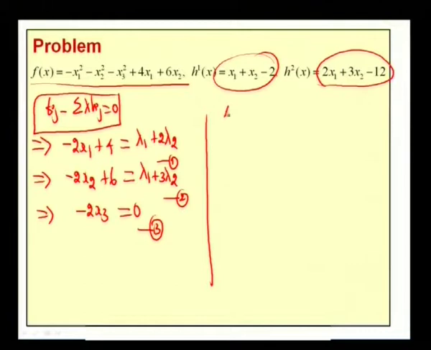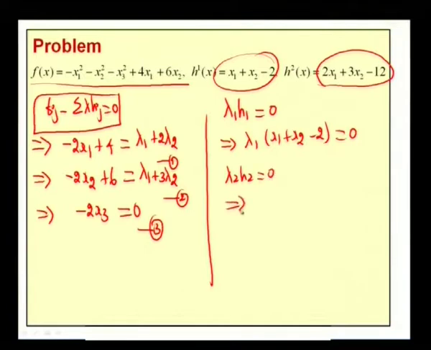Now, the second Kuhn-Tucker condition, lambda1 h1 equal to 0, gives us lambda1 into x1 plus x2 minus 2 equal to 0, and lambda2 h2 equal to 0 gives us lambda2 into 2x1 plus 3x2 minus 12 equal to 0. We name it as equation 4 and this is equation 5.